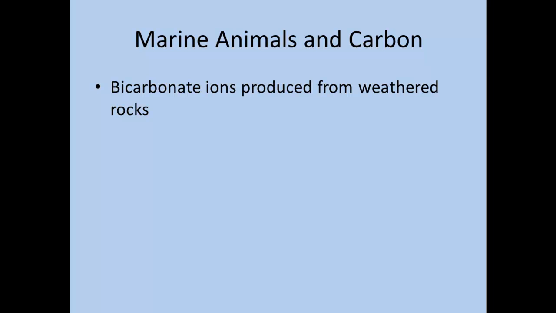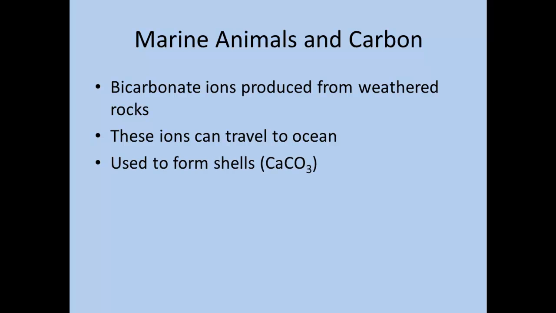And when we have, again, weathered rock, it's possible for the carbon to be released into the ocean. What it could do, the bicarbonate ions could actually form a shell. These shells are actually formed by calcium carbonate, and calcium carbonate includes carbon, calcium, and oxygen.